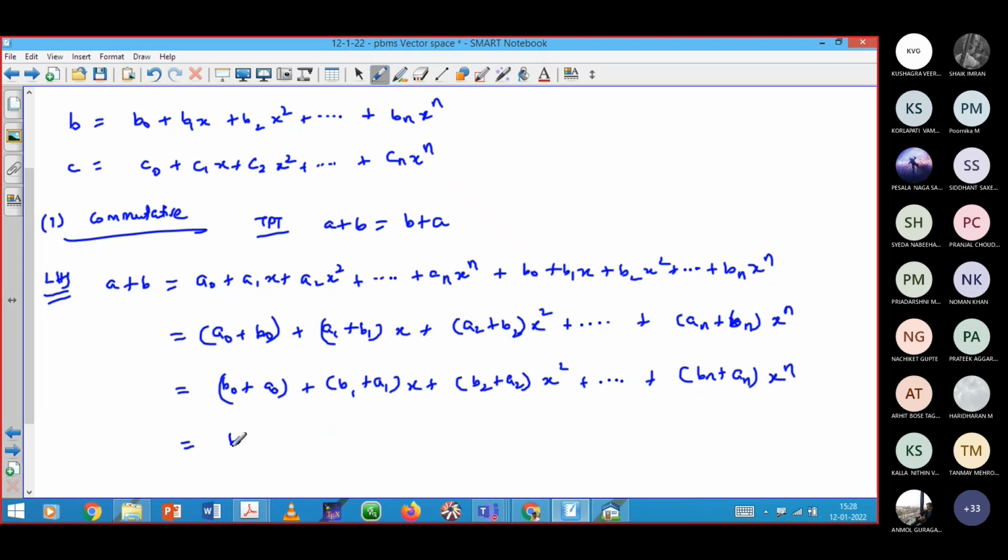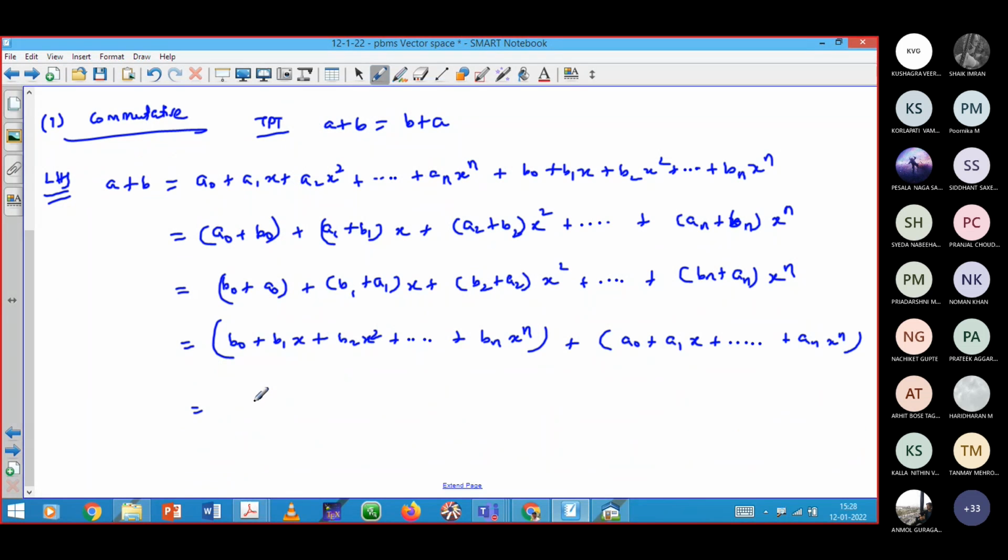Further it can be split as b0 plus b1x plus b2x squared up to bnxn, plus a0 plus a1x up to anxn. The last term is B plus A. So the commutative property is proven.